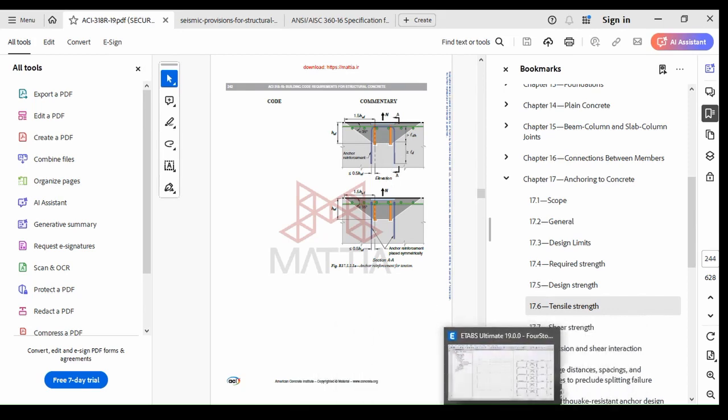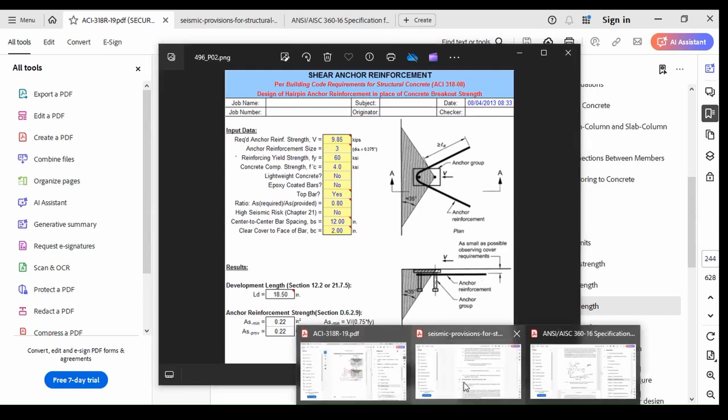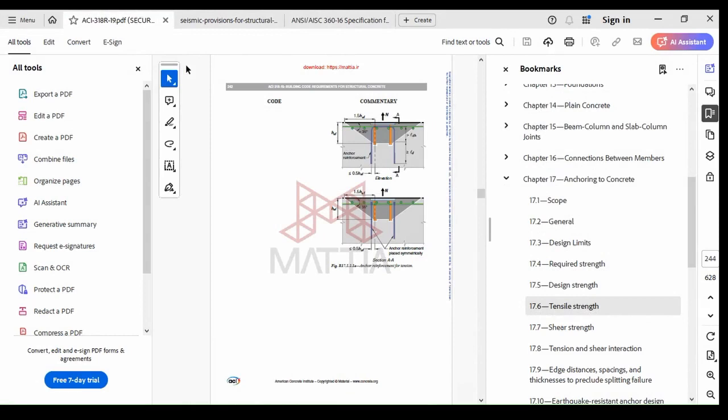But to withstand the shear force, you have to put the reinforcement in this pattern here to withstand the concrete breakout in shear force. And you can find both of them in ACI requirements for shear and tensile force in chapter 17 according to concrete.